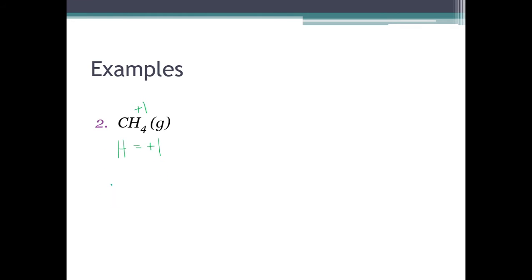We know that we have one carbon atom, but we do not know its oxidation state. We know that we have 4 hydrogen atoms, and we know that each one of those has an oxidation state of +1. And we know that the charge on this methane is 0.